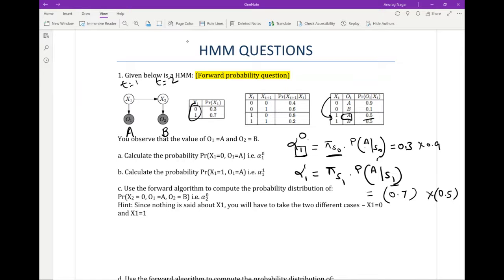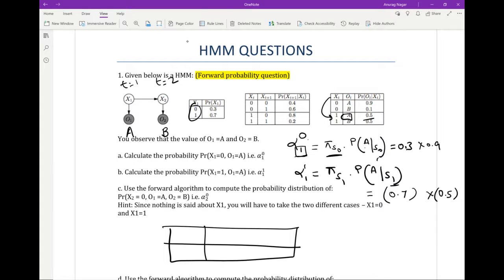So I have computed, and you can make a table like this. That's the easiest way. This entry will be alpha 1 0, alpha 1 1. Now, how would you compute alpha 2 0 and alpha 2 1? Well, alpha 2 0 is probability of outputting B in state 0 multiplied by two jumps.